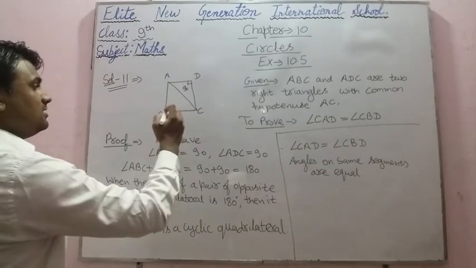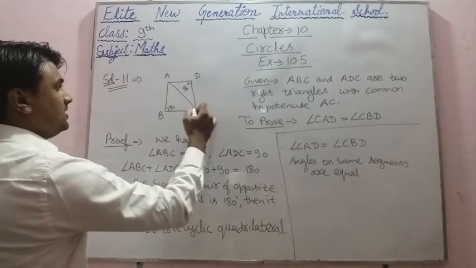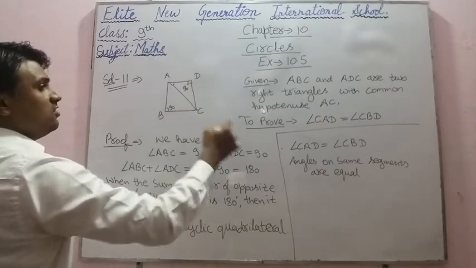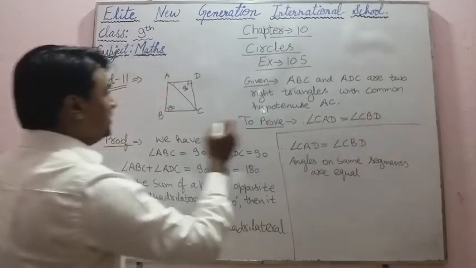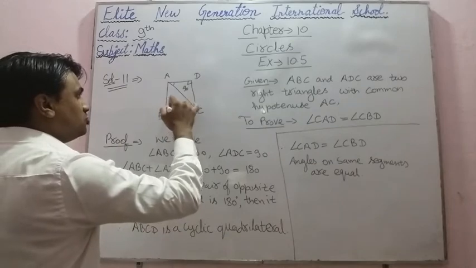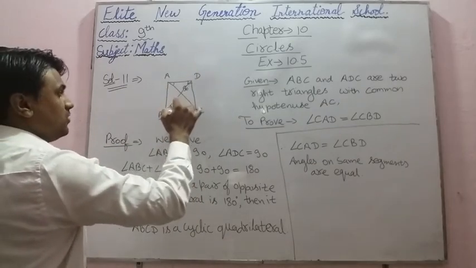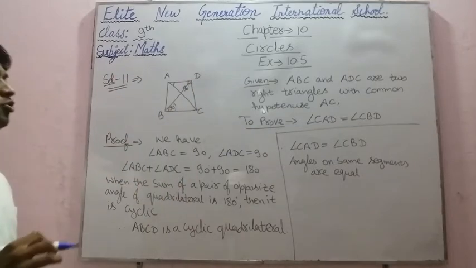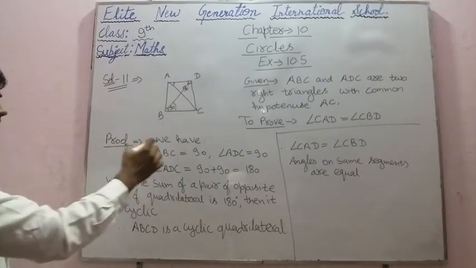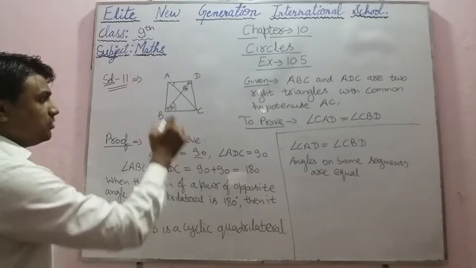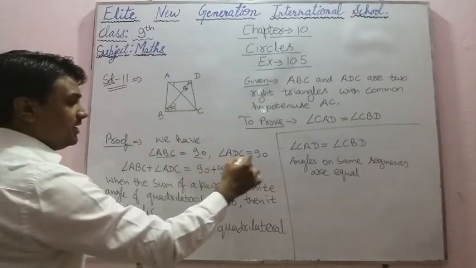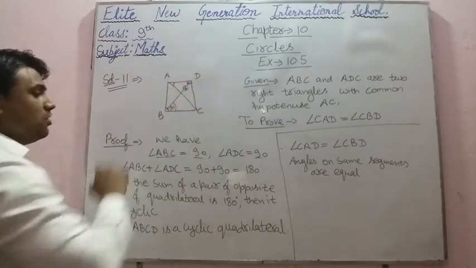Now we have to prove angle CAD equals angle CBD. So here we join BD, and we have to prove these two angles are equal. In the proof, as we know angle ABC equals 90 and angle ADC is also 90.